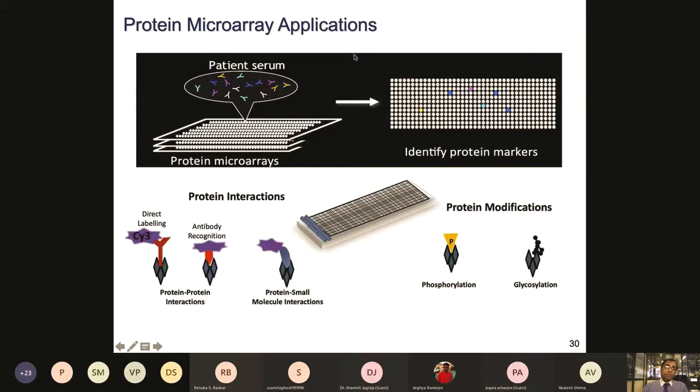And along with this, of course, many other applications are also possible on the arrays. People also look for protein-protein interaction, protein with other biomolecules, as well as different types of PTM analysis. For those types of PTM analysis, as we briefly discussed, you have to provide the right conditions for the phosphorylation to happen. So you have to add those kinases and ATP. For the glycosylation to happen, you have to add the machinery which can do glycosylation, especially the rabbit reticulocyte lysate.